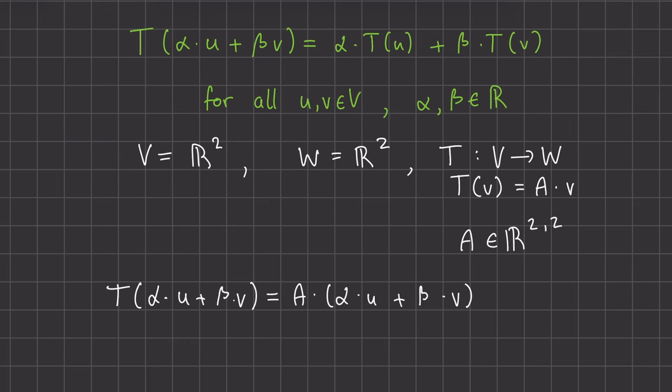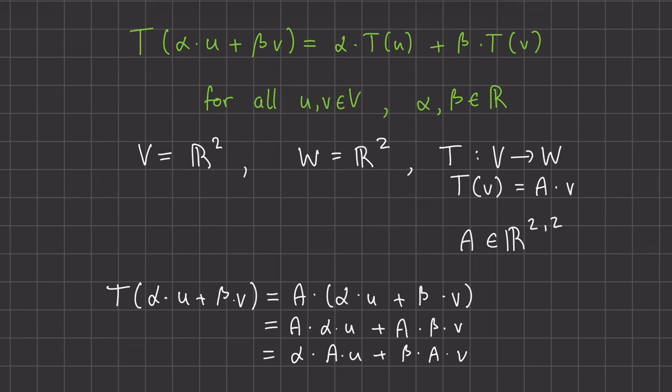And given our rules for matrices, we can actually divide up this multiplication over the addition. So we get A times alpha times u plus A times beta times v. Then we can pull our scalars to the front to get alpha times A times u plus beta times A times v.